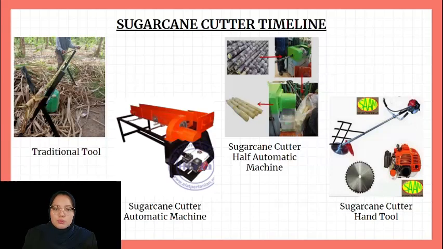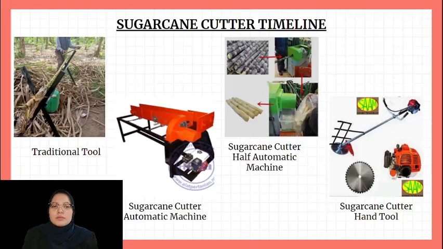However, the market selling price of this machine is a major disadvantage. And the last one is sugarcane cutter hand tools. This machine is also a modern machine, yet it still uses a lot of manpower and can have a negative impact on the health of the user.